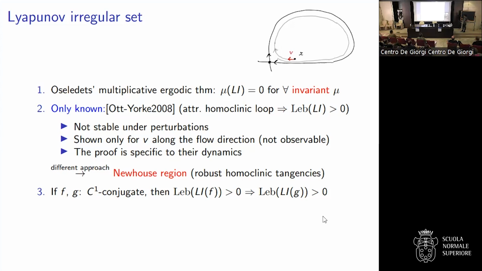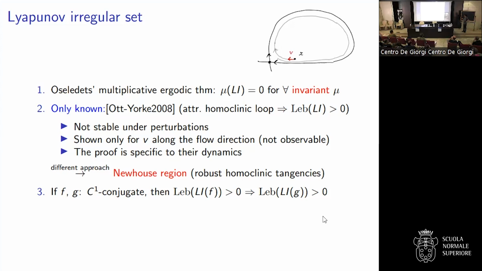Then they showed that the Lyapunov irregular set is Lebesgue positive. That means that for any point very close to this loop and inside of this loop, if you take the vector v as the flow direction, then the Lyapunov exponent oscillates between 0 and some negative value.